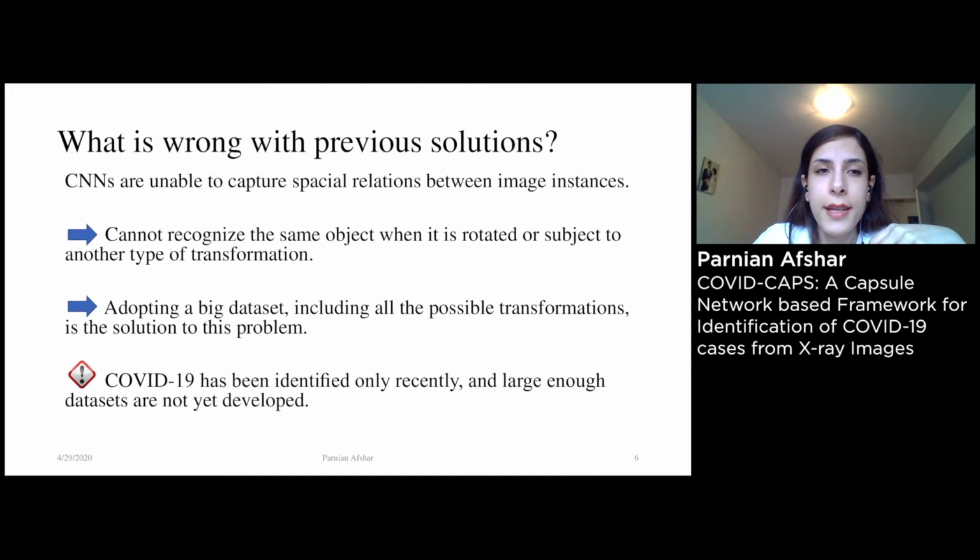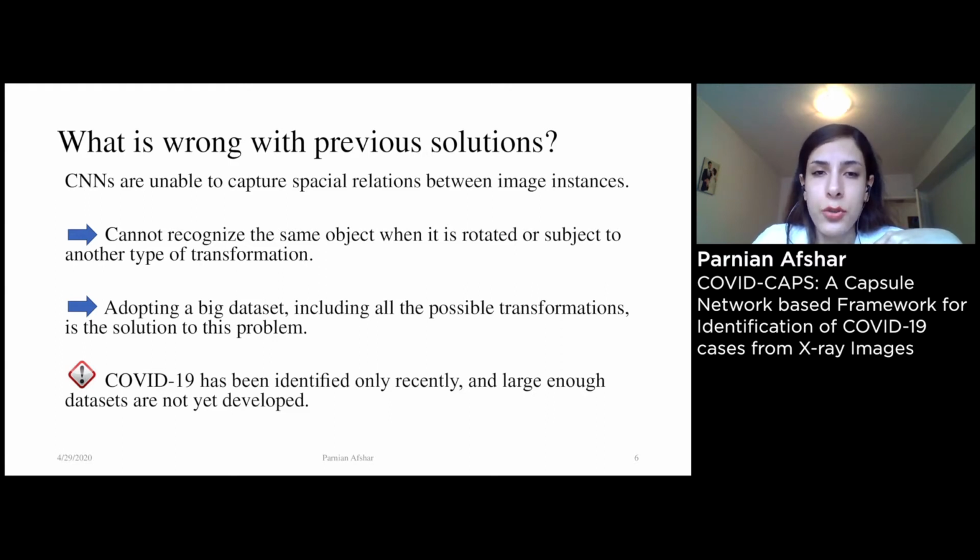But the CNN-based solutions have an important drawback, which is their inability to capture spatial relations between image instances. This means that CNNs cannot recognize the same object when it is rotated or subject to another type of transformation, even the same object that they have been trained on.